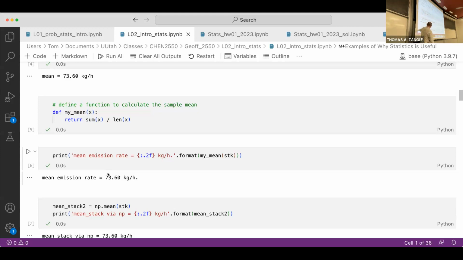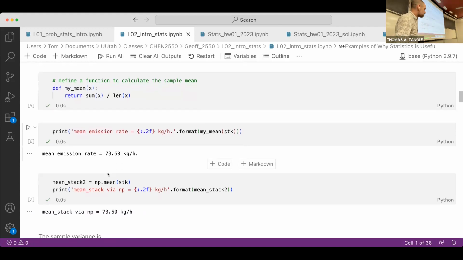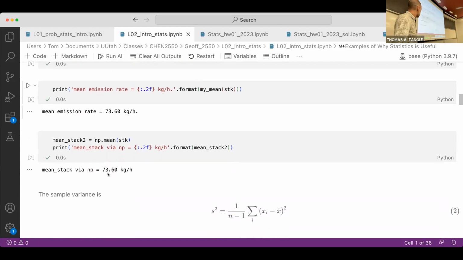This is the mean via the functions available to us as part of the NumPy library, and we get out the same value, 73.6. So that's 3 ways of doing the same thing.